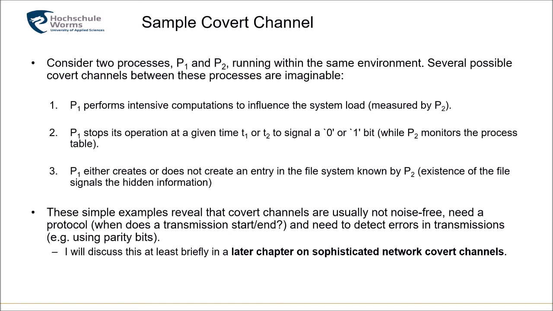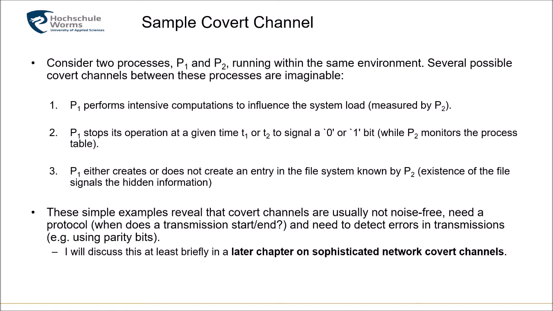Another example would be if P1 stops its operation at a given time T1 or at a given time T2 to signal a secret 0 or 1 bit respectively, while again P2 has to monitor the process table the whole time. Another option would be if P1 either creates or does not create an entry in the file system, one file that is known by P1 and P2.